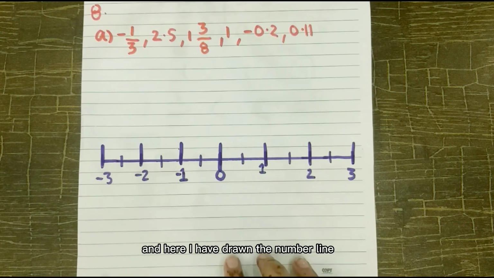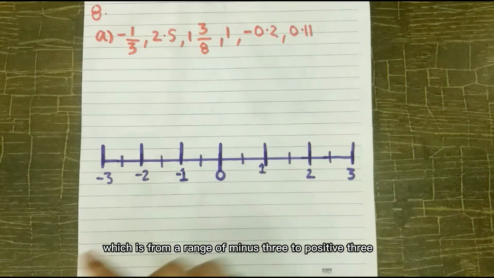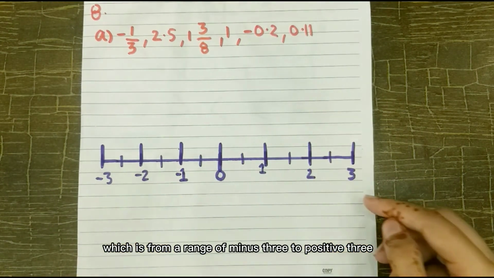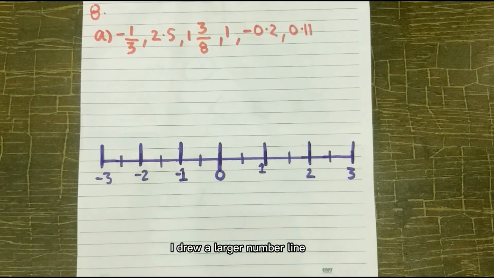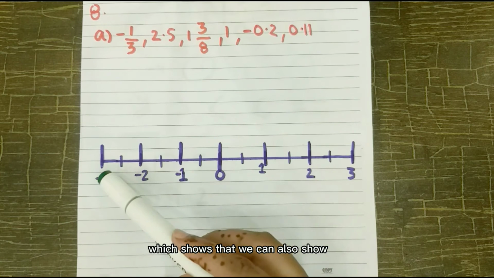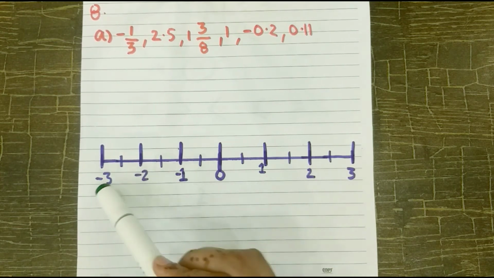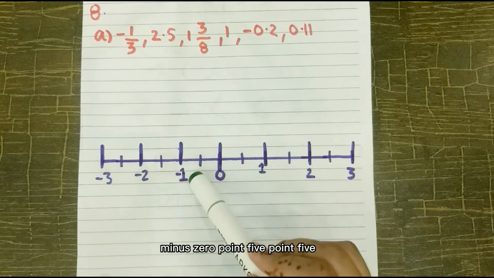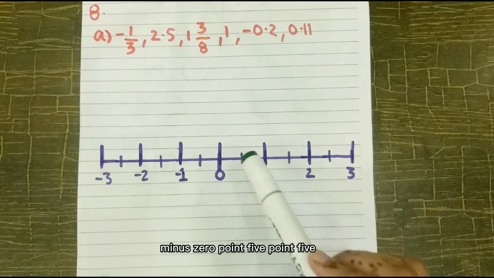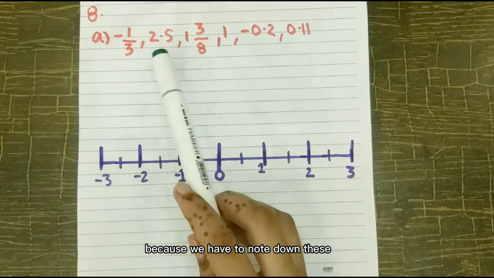Here I have drawn the number line, which is from a range of minus 3 to plus 3. And over here I drew a larger number line which shows that we can also show the numbers between these two numbers, the 0.5 numbers: minus 2.5, minus 1.5, minus 0.5, 0.5, 1.5 and 2.5, because we have to note down these.